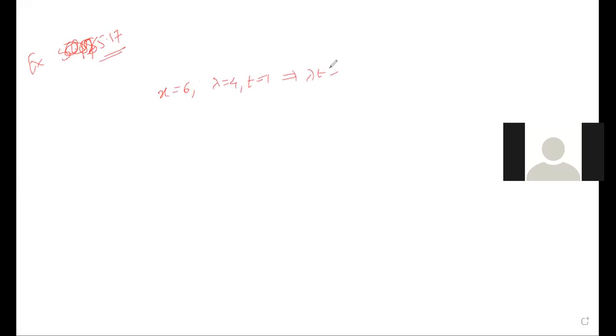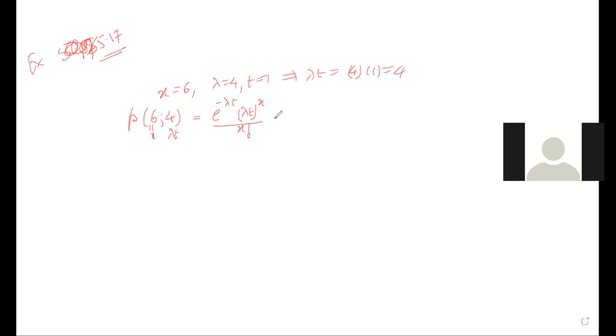This implies that lambda t is equal to 4 times 1, which is 4. And my definition says that small p(6; 4), where this is my x and this is my lambda t, is equal to e to the power negative lambda t, times lambda t to the power x, divided by x factorial, right, guys?